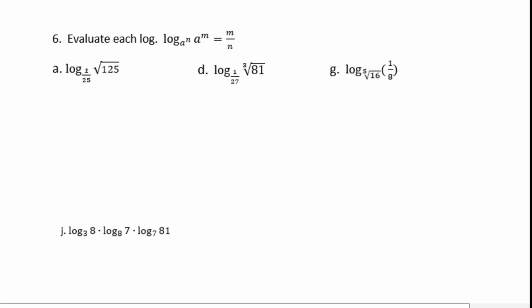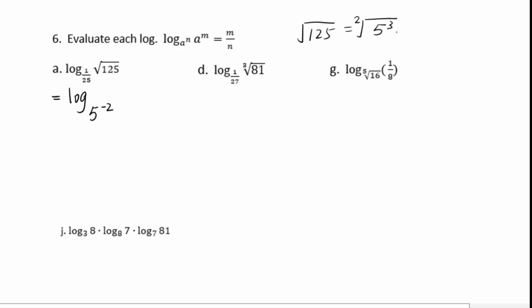Log base 1 over 25 of square root 125. We will create the same base for the base and the argument. That will be 5. 1 over 25 is 5 to the negative second power. Square root of 125: 125 is 5 to the third power.